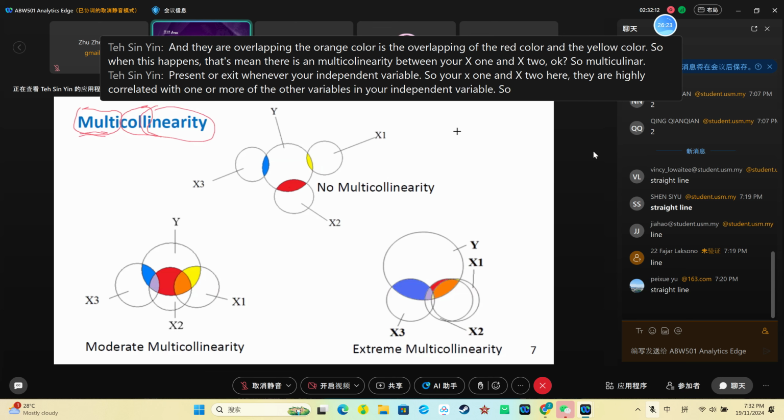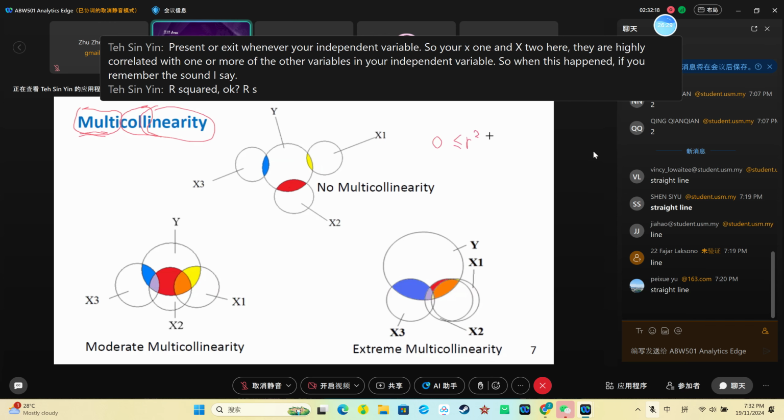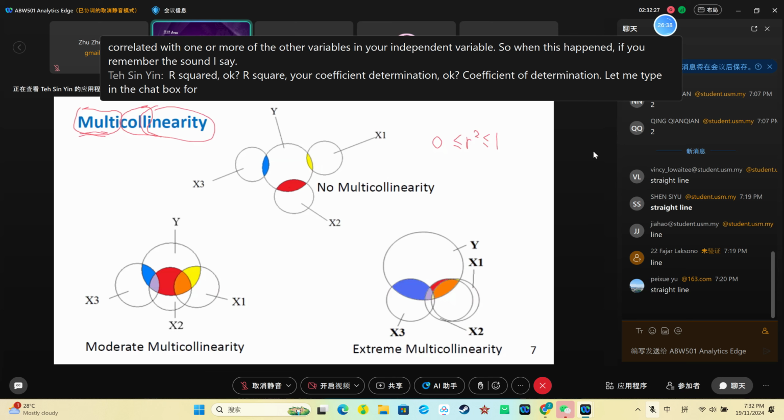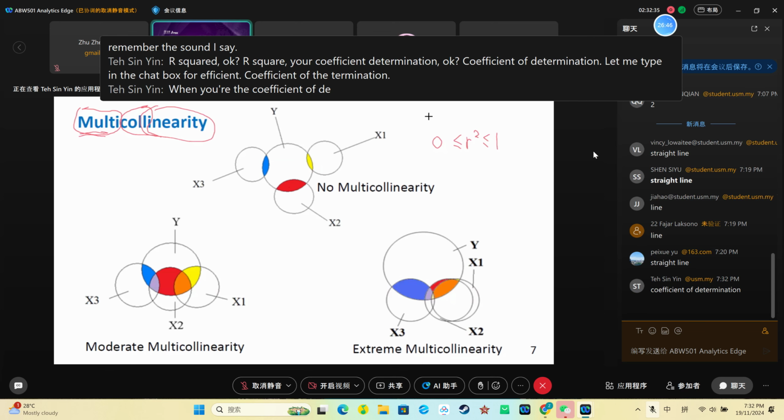So when this happens, if you remember just now I said R squared, the coefficient of determination. Let me type in the chat box, coefficient of determination. When the coefficient of determination R squared is close to 1, that means it is very good.